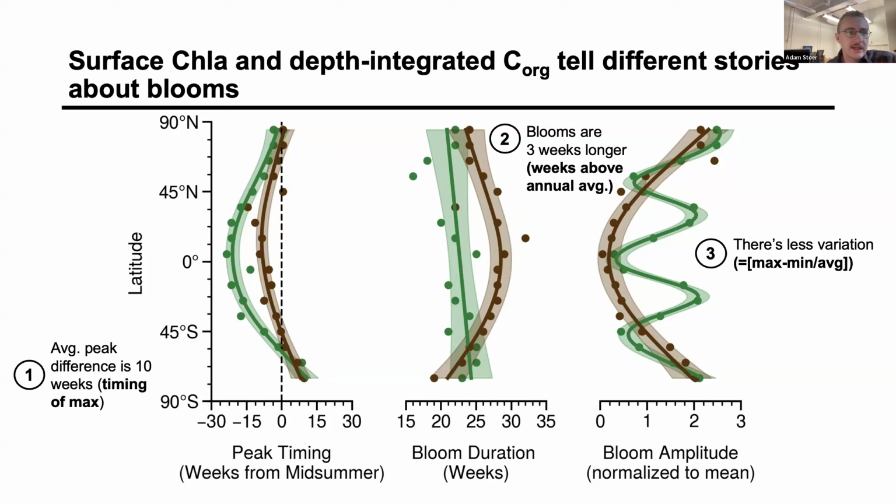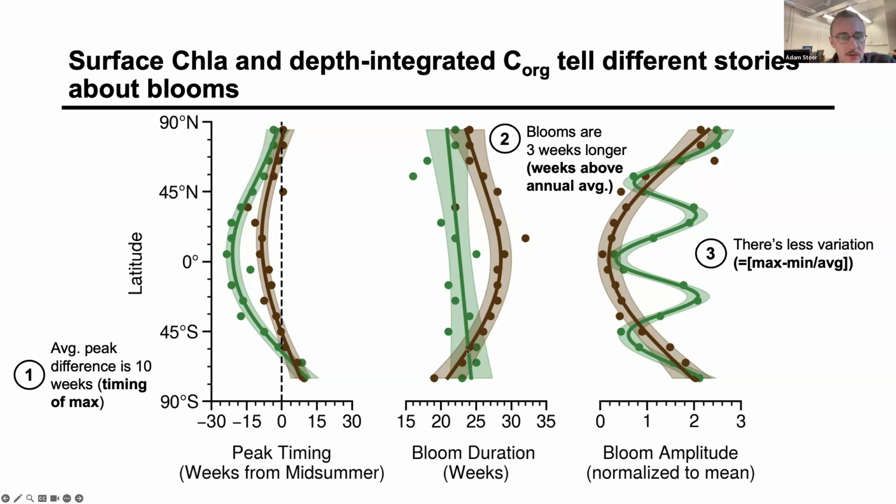We can also see that with bloom duration here, this middle panel here, blooms that tend to last longer, at least relative to their annual average. There's different definitions of bloom duration, but the point here is that we don't get similar patterns here.